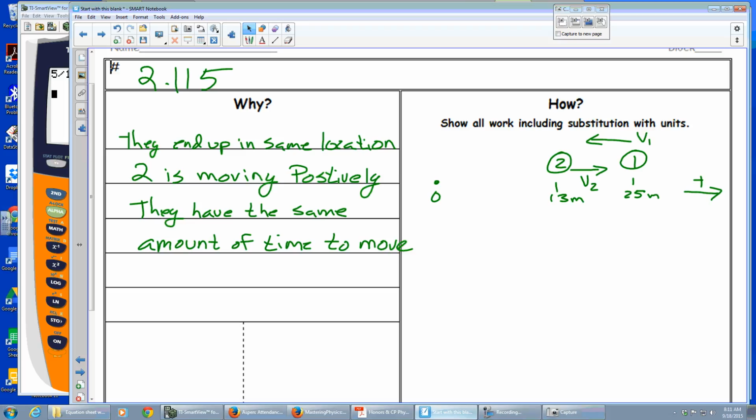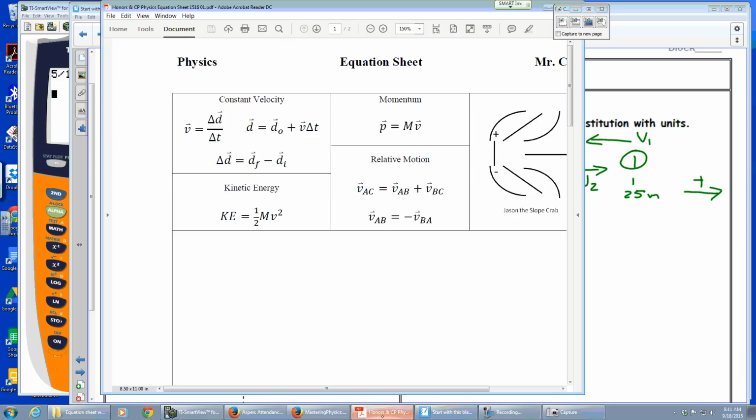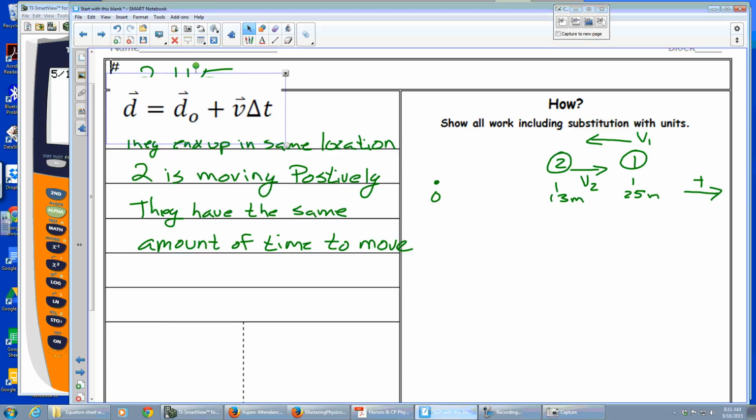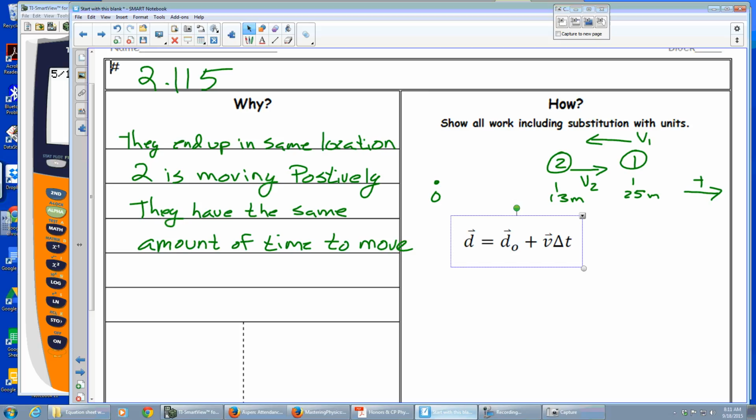I'm going to grab my equation again. And we'll do number 1 in blue, and we'll do number 2 in red just to keep my outline of it. So dealing with number 1 right now.